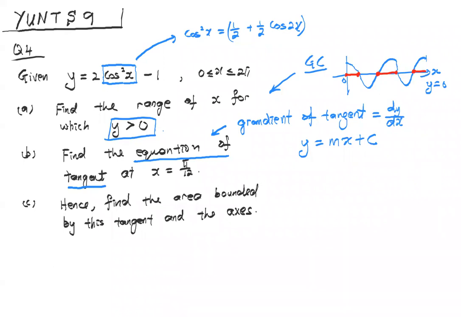And the last part, whereby I want to find the area bounded by this tangent and the axis. If the gradient of my tangent is negative, then I will try to sketch the graph.